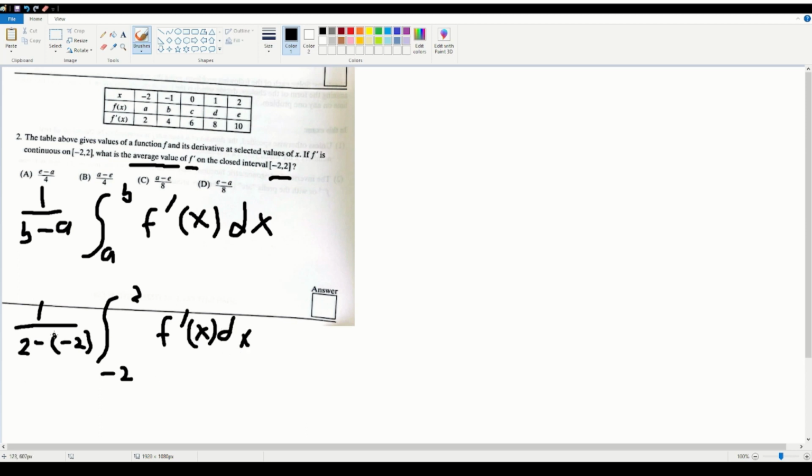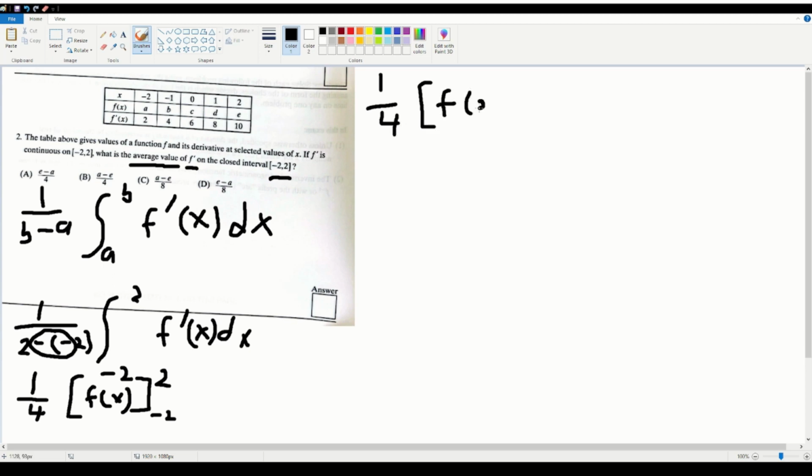This double negative is a positive, so that's 1/4, and then the integral of the derivative is just f of x from negative 2 to 2. So we're left with 1/4 times f of 2 minus f of negative 2.